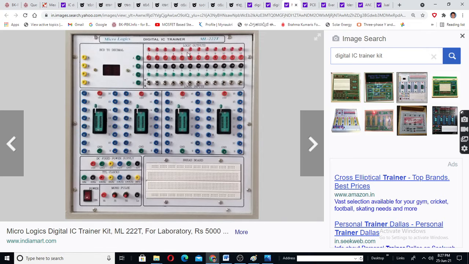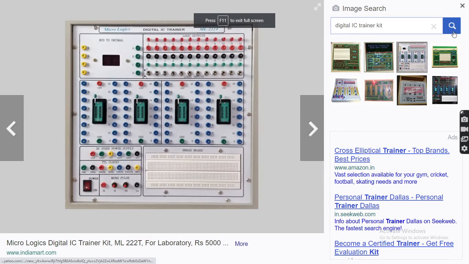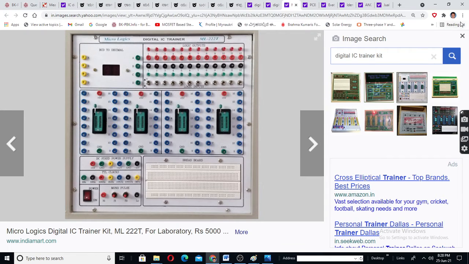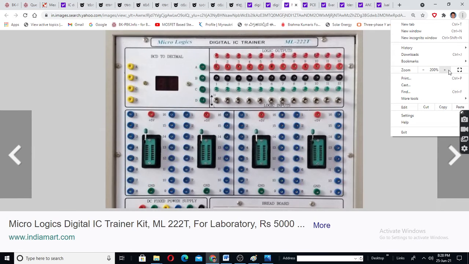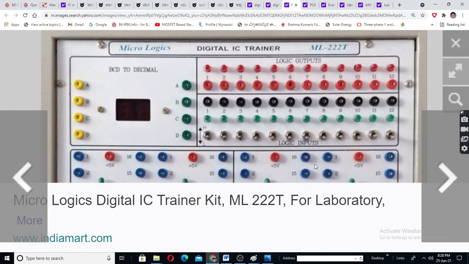See, logic inputs, and here logic outputs. These are actually logic output indicators. And here we have plus 5 volt, and there is also ground.